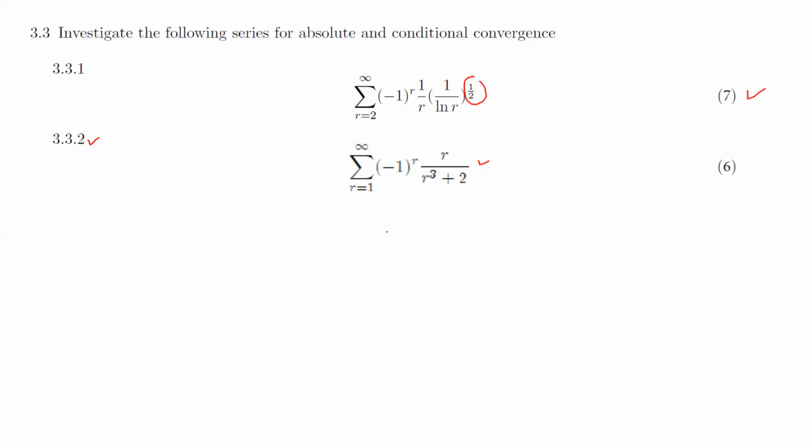there's something we call the comparison test. The ratio test might not normally work here. So by the comparison test, we're looking at 3.3.2.